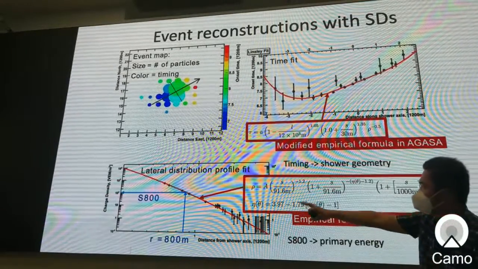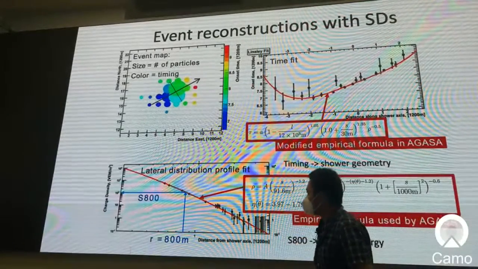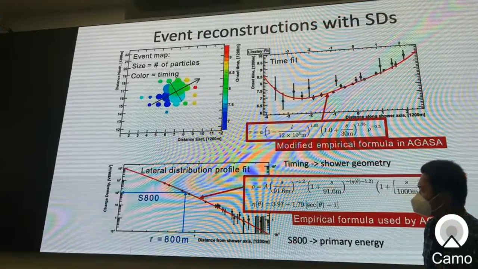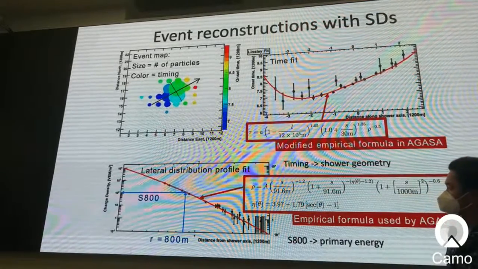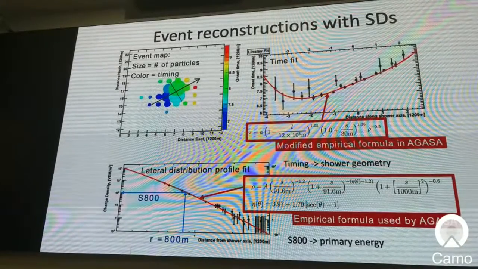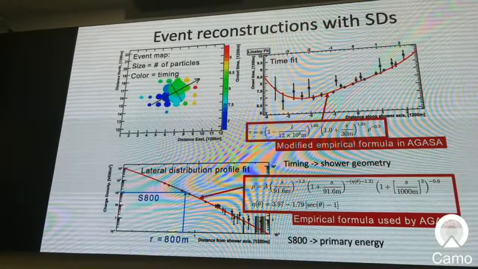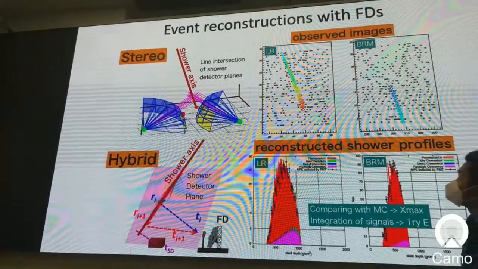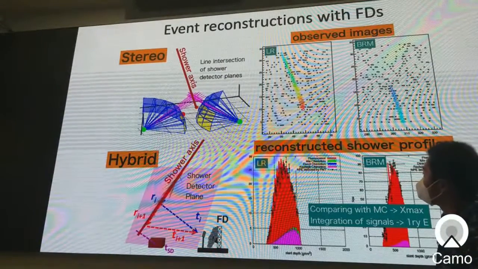we estimate the signal density at 800 meters from the shower axis. And then using that parameter, we reconstruct the primary energy. And this is event reconstruction with FDs.